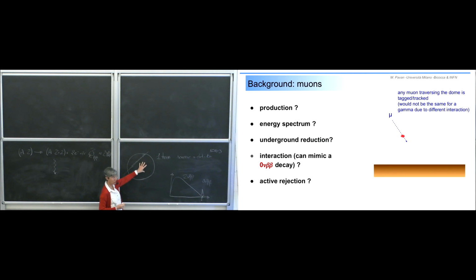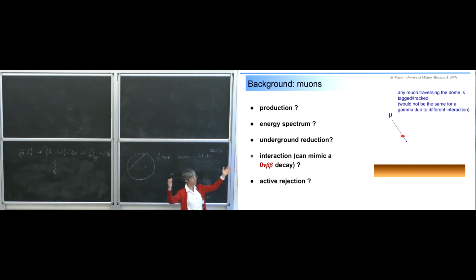And you generally do not have only the source. You have an infrastructure in which the source equal detector is hosted. So it's a building, or in any case, it's not a small infrastructure.